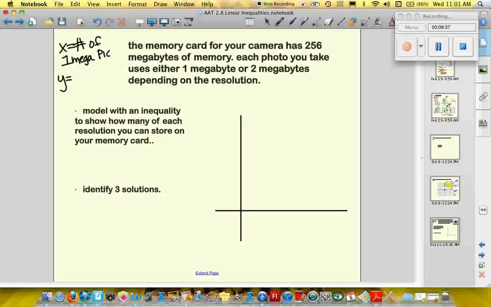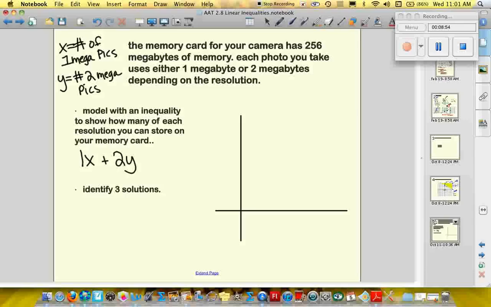Okay. So now I know I have 256, so if I have 1 times x, because 1 megabyte times however many of those, and 2 times y, 2 for each one of those, if I add those up, I know that has to be less than 256.